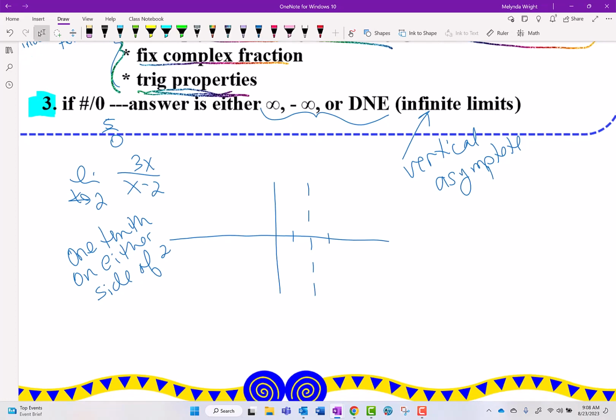So we'll do some scratch work over here. Here's my 2. I'm going to look at 1.9 and 2.1. Those are the two numbers, and I'm thinking about it numerically.